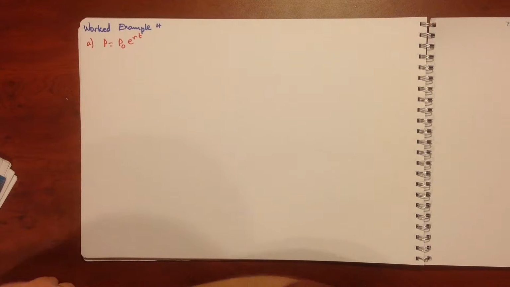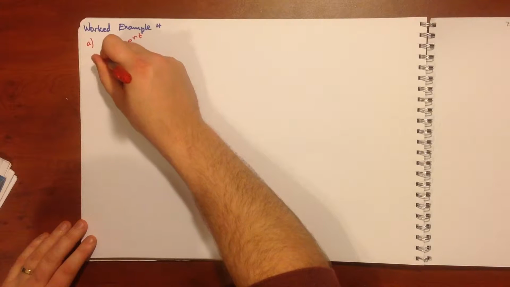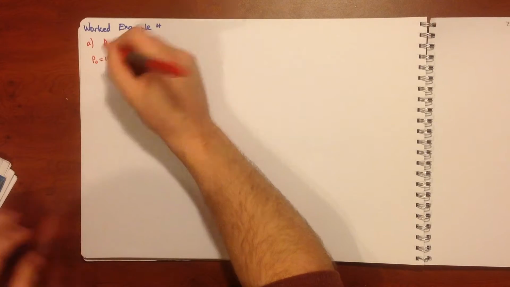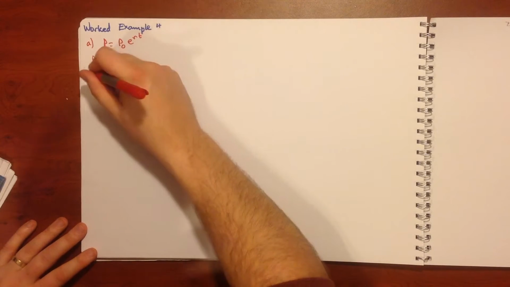We want to determine the amount to which $10,000 will grow in 6 years if invested at 4.5%. So our P0 equals $10,000, and our R is equal to 4.5%.